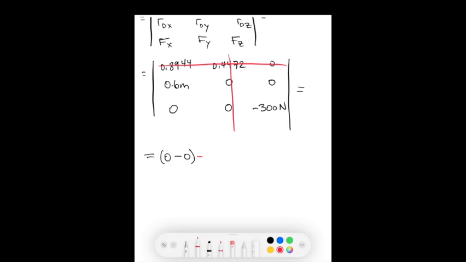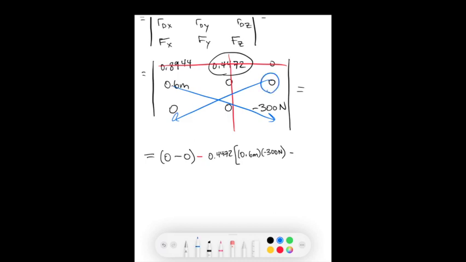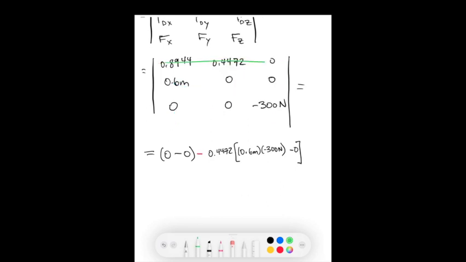So here we remember to always put the minus first, and we start with 0.4472 times, and we make our x, 0.6 meters, negative 300 newtons minus 0. And now finally we move on to the last component. We see that this value is equal to 0. So 0 minus 0.